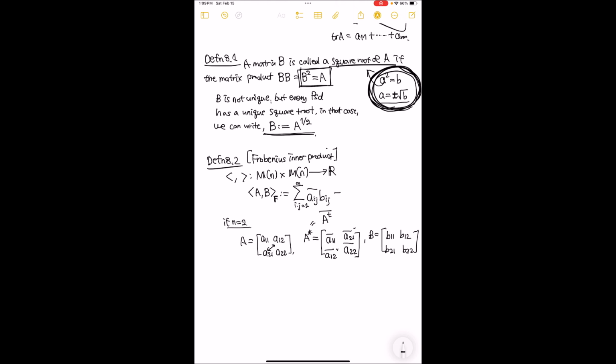I will show that this is equal to the trace. That is the definition, but it is essentially the trace of the matrix.